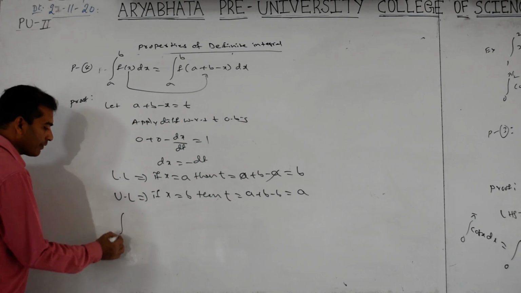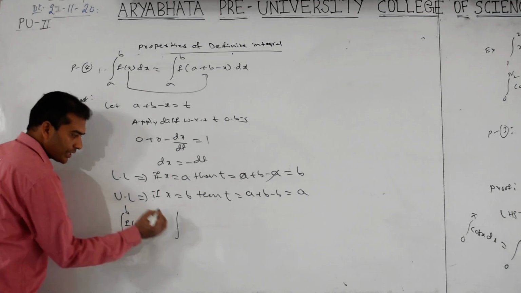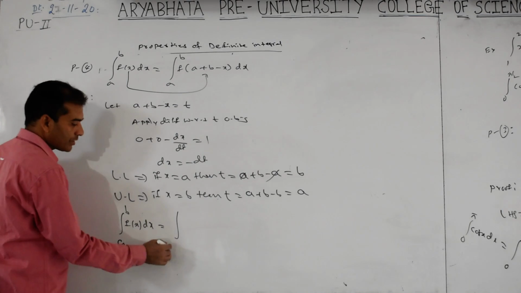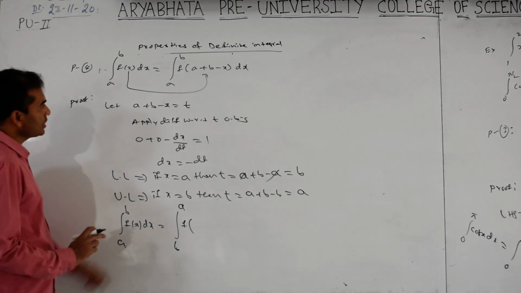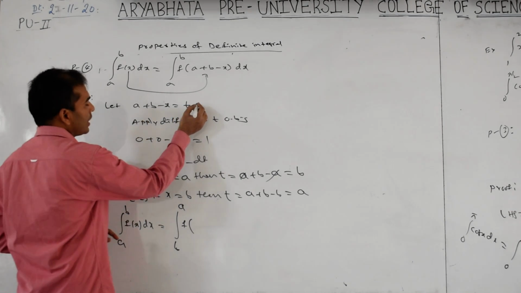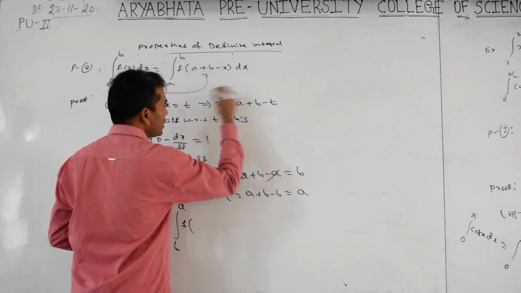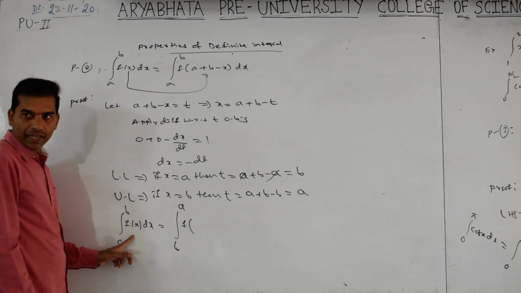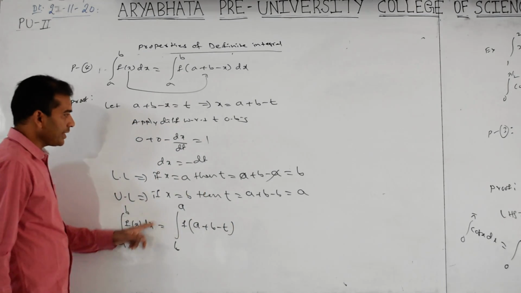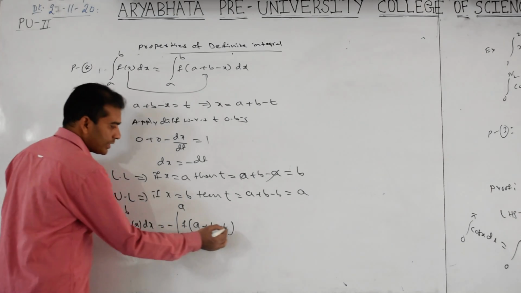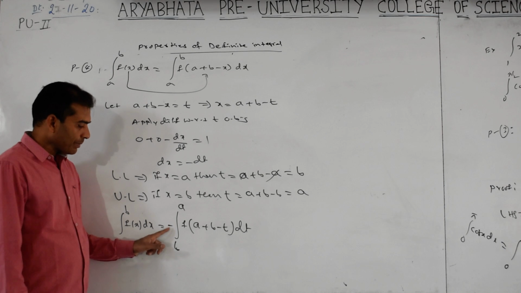So integration of a to b f of x dx equals integration with lower limit b and upper limit a, f of a plus b minus t. Replace x: x is equal to a plus b minus t and dx equals minus dt. By the second property, here minus is there.